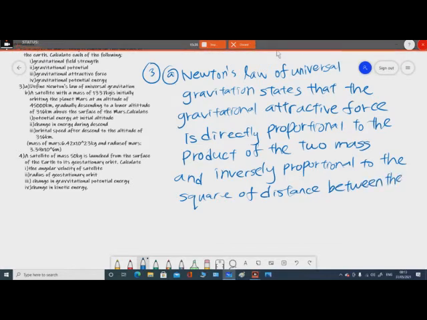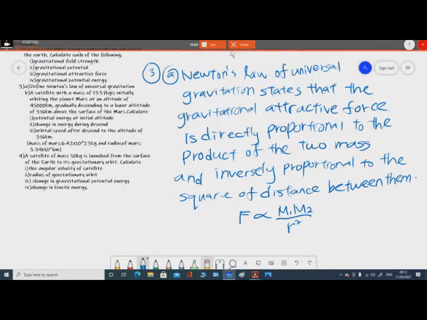So this is the statement for Newton's law of universal gravitation. As for the relation, gravitational force is directly proportional to the product of the two masses and inversely proportional to the square of distance between them, R. So this is for question 3A.